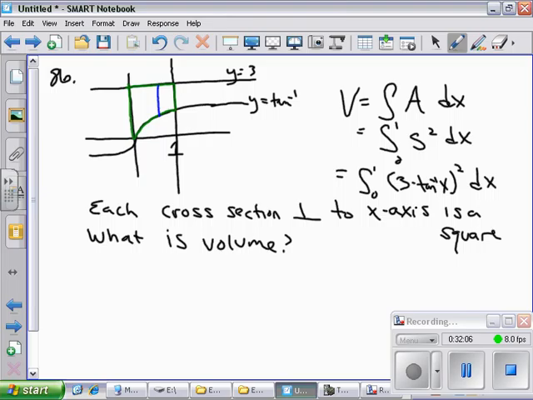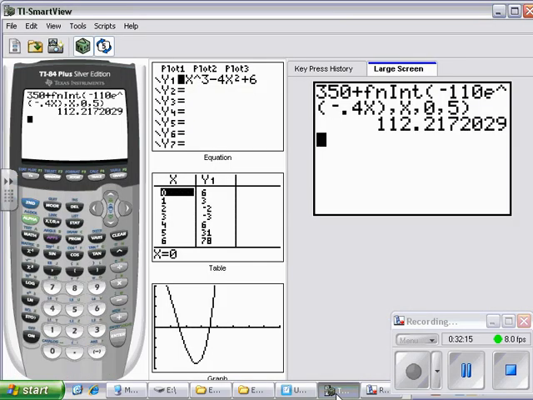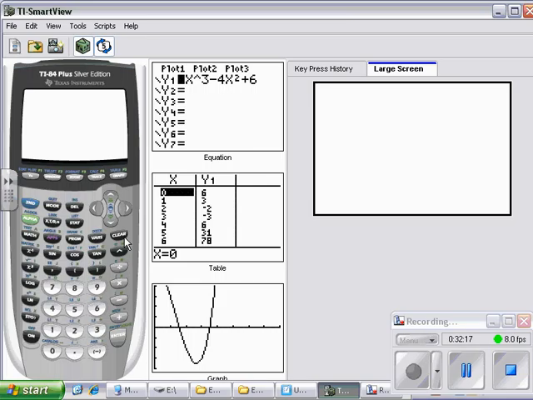And at this point, we can go to the calculator to put that in there. So what was I doing again? Oh, yeah, math 9. We need a parenthesis because we're going to be squaring 3 minus arctan x.